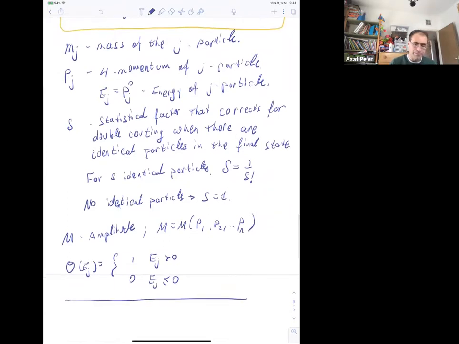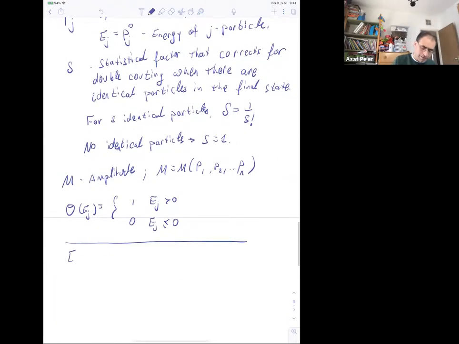phase space. So except for M, everything else is a phase space.